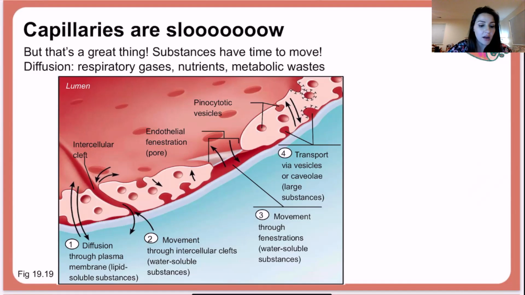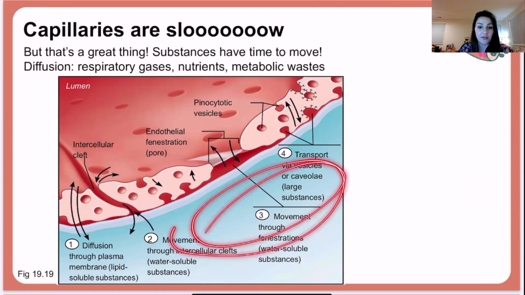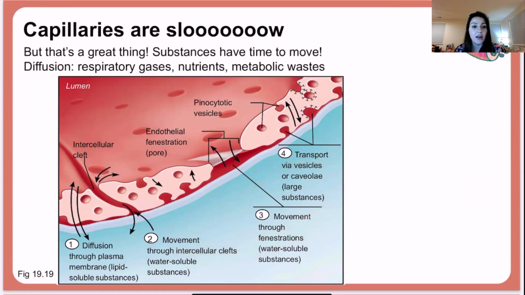And how a lot of substances get across that capillary from the inside of that capillary to the outside of the capillary into the tissue is mostly diffusion, which is nice because we already know about that word. Diffusion is, if we remember, when the substance travels from a high concentration to a low concentration.